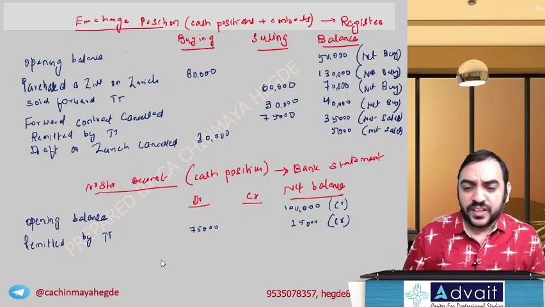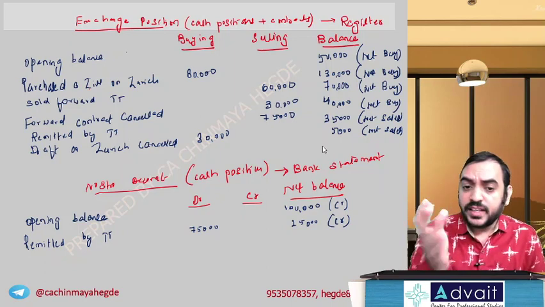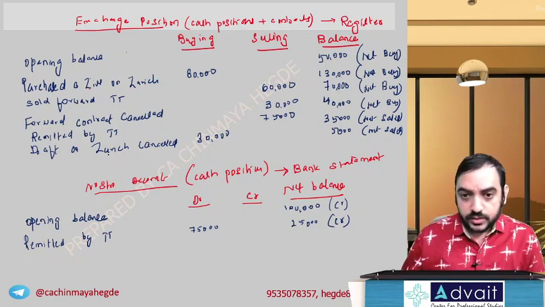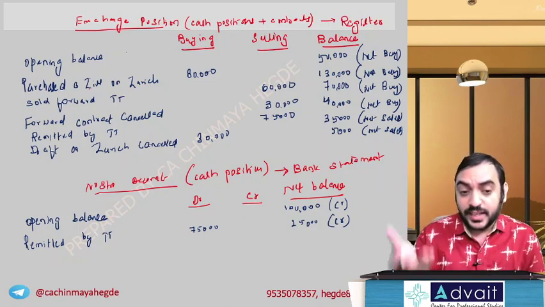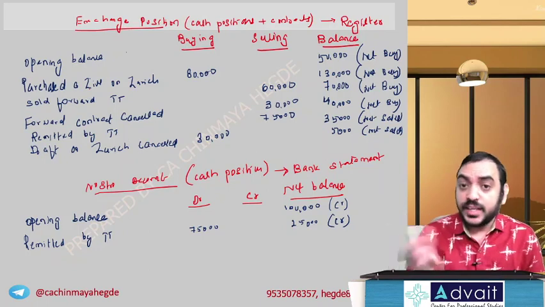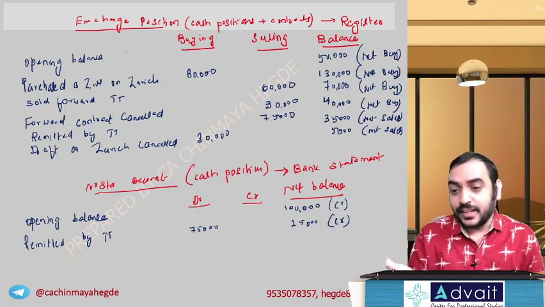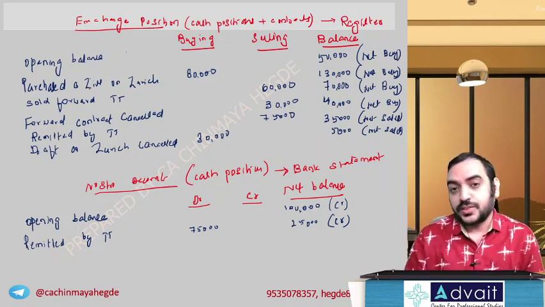Sold forward TT will come only in exchange position. But sold TT and remitted by TT are both the same, and will come in both the places.